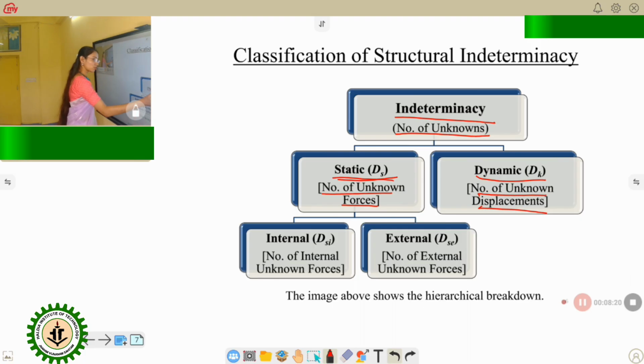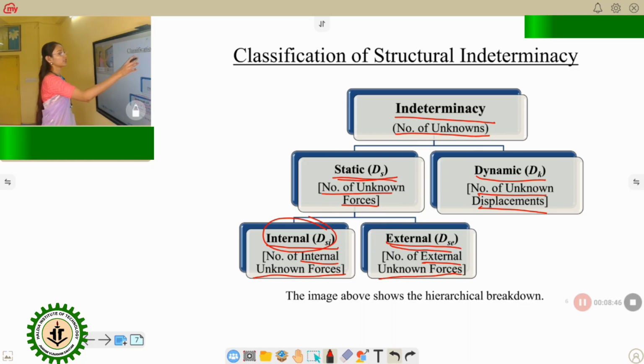Static indeterminacy can also be calculated in two parts, the internal static indeterminacy and the external static indeterminacy. The internal static indeterminacy, as the name refers, is the internal unknown forces, whereas the external static indeterminacy is the number of external unknown forces. That is, whether the forces are internally available or externally generated. So indeterminacy and its classification has been shown clearly in this hierarchical breakdown.